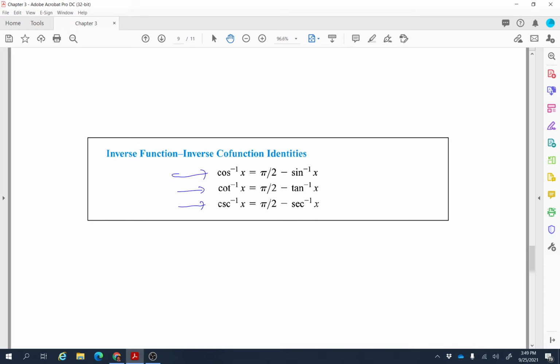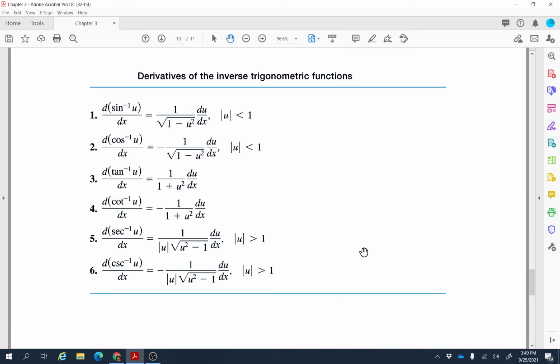Cosecant inverse of x is equal to pi over 2 minus secant inverse of x. So while finding the derivative of these inverse trigonometric functions, this relation might sometimes be helpful. So this is the list of derivatives we can use while solving problems on finding the derivative of inverse trigonometric functions.